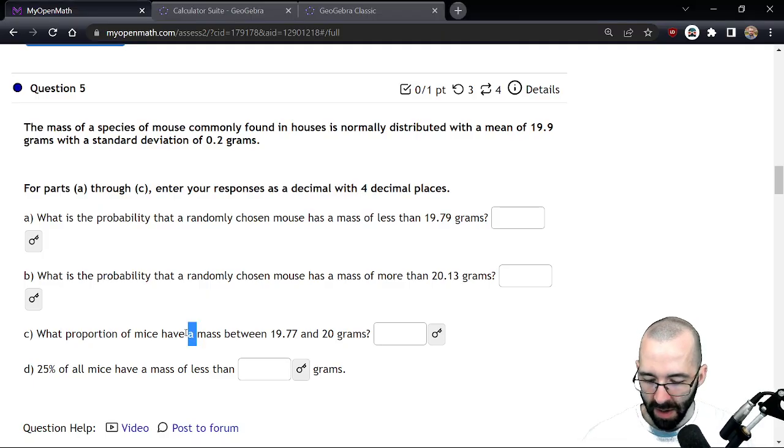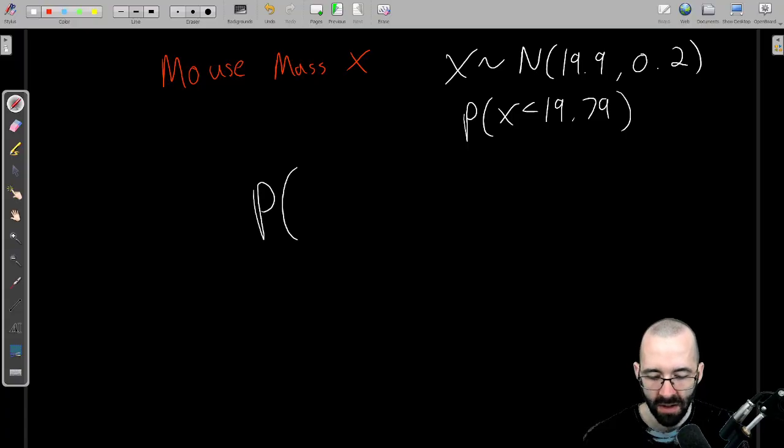What I really want to talk about is D. 25% of all mice have a mass less than how many grams?